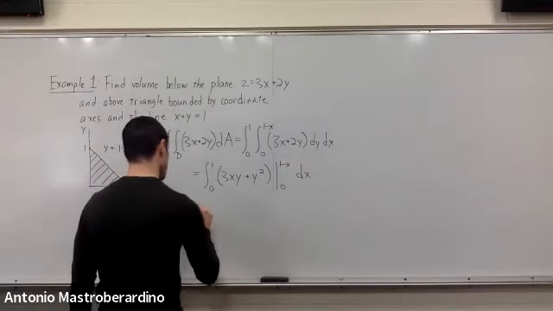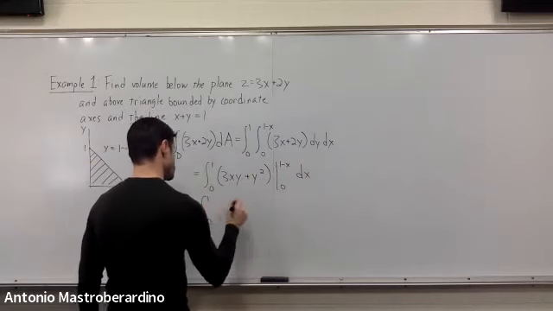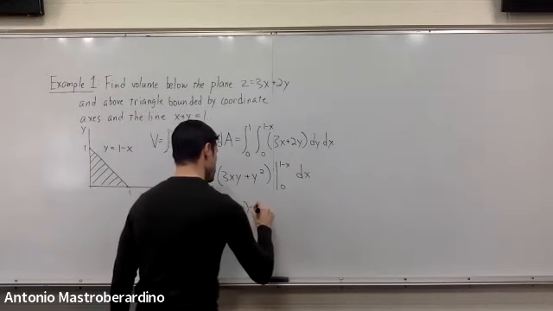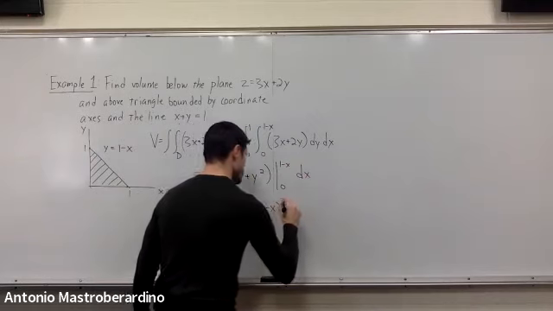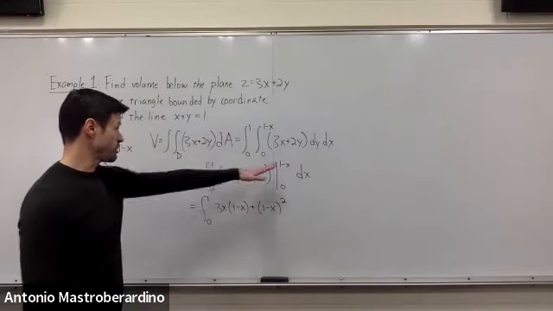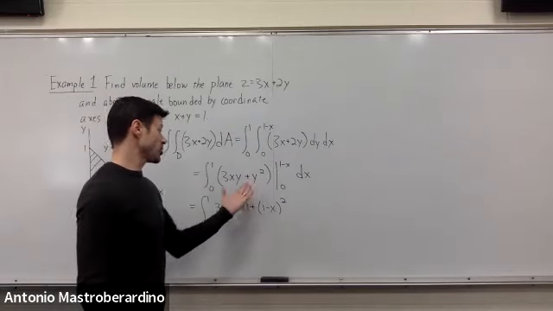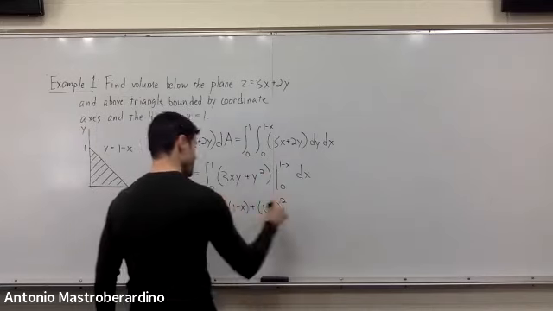And now we plug in 1 minus x for y. So we get 3x times (1 minus x), and then plus (1 minus x) quantity squared. Okay, that's if we plug in 1 minus x for y. If we plug 0 in for y, we're going to get 0.